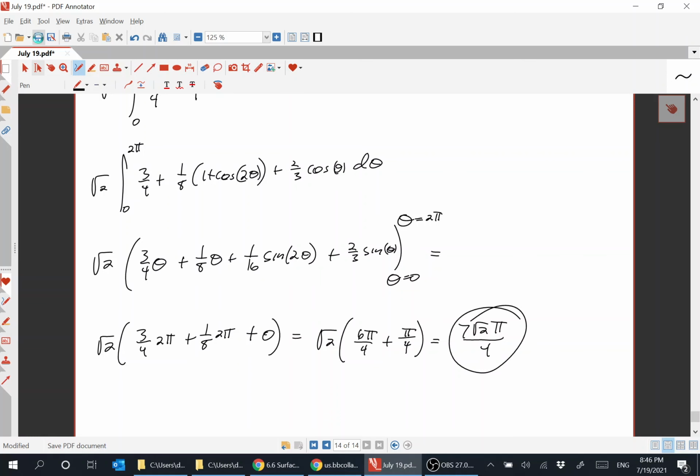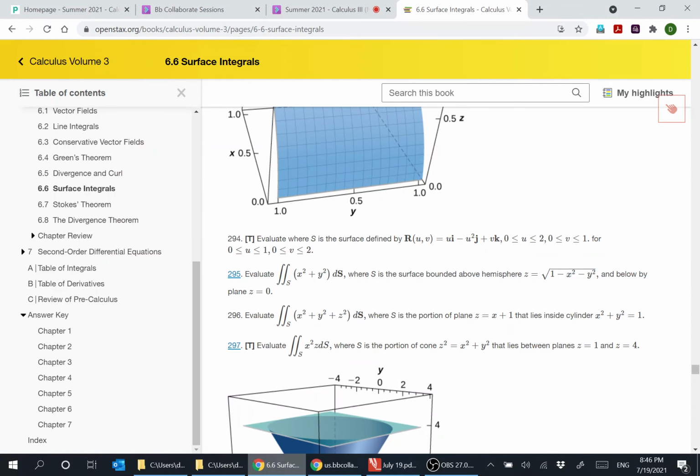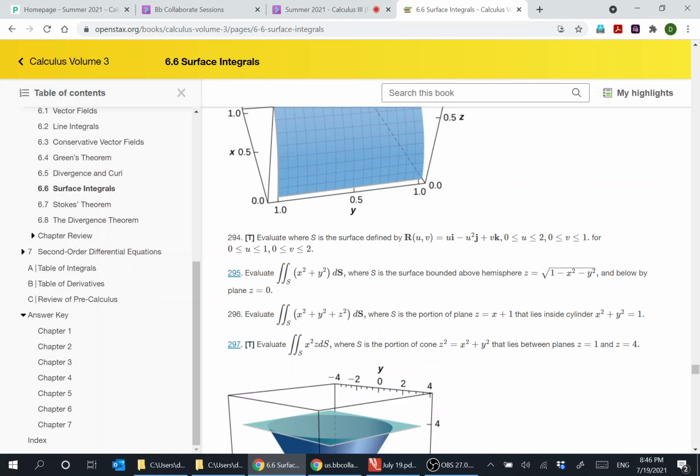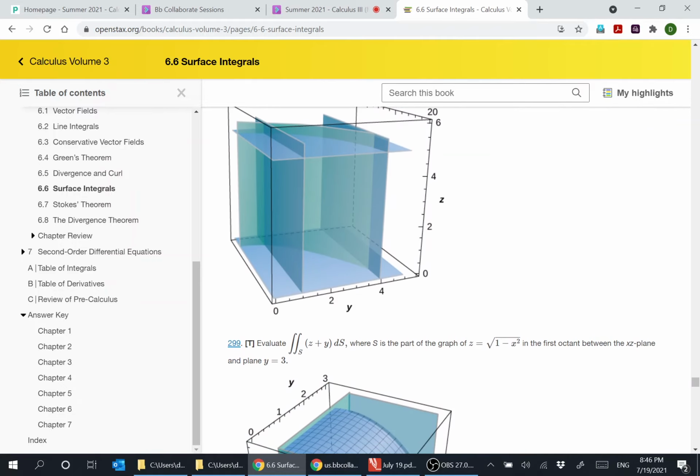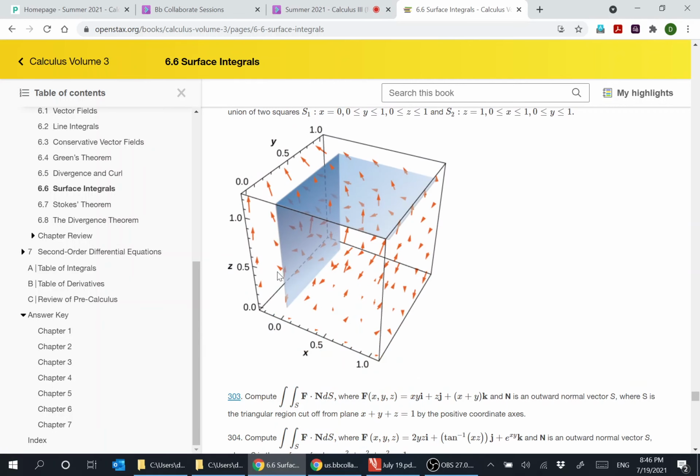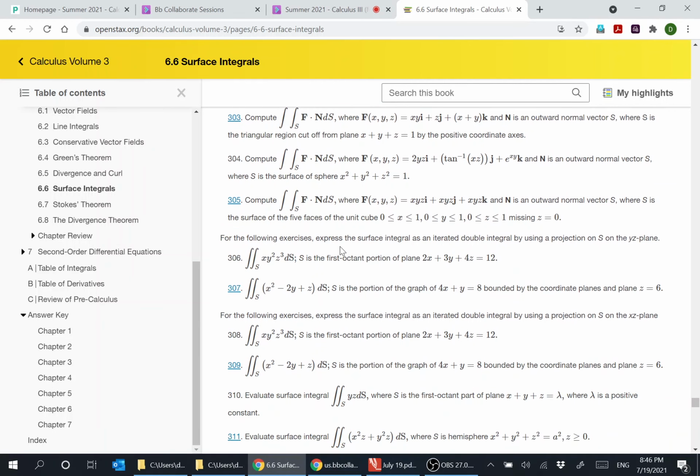Okay, so we did a lot of scalar surface integrals. Next time, well, I hope it does. I'll have to pick some: 299, 303. No, that's a scalar. Come on, where are the vector ones? Okay, after 300, it's all vector stuff.